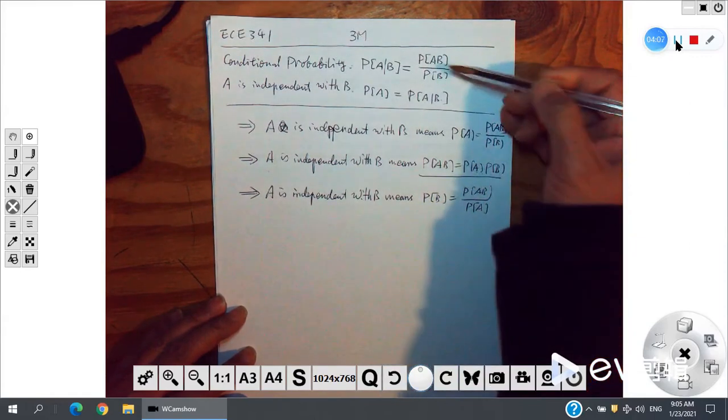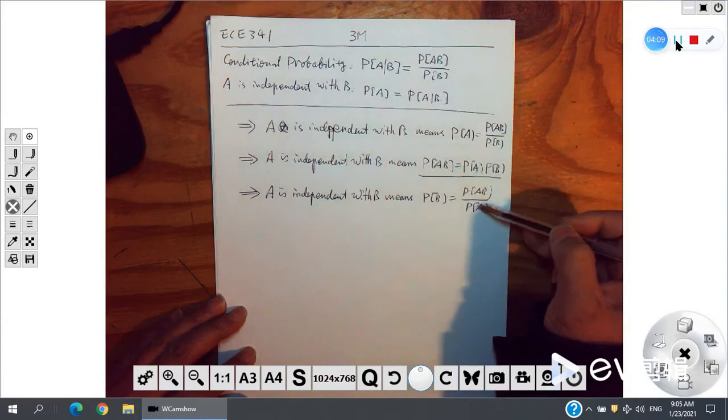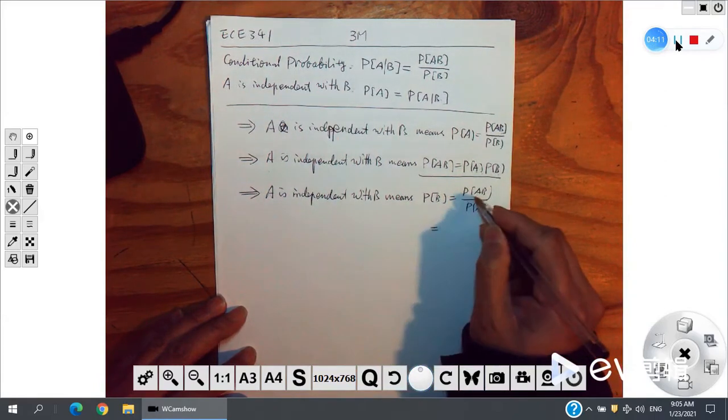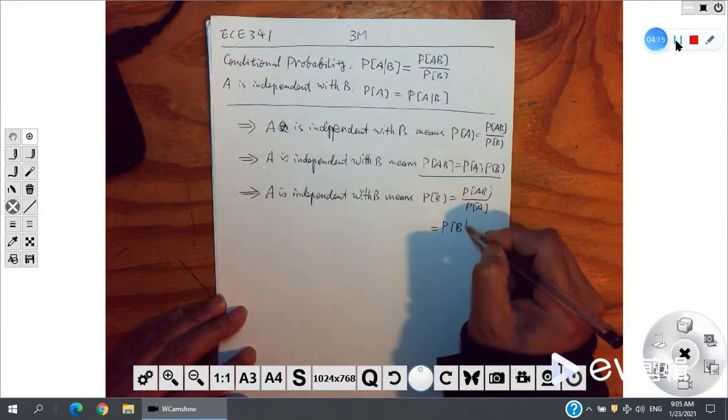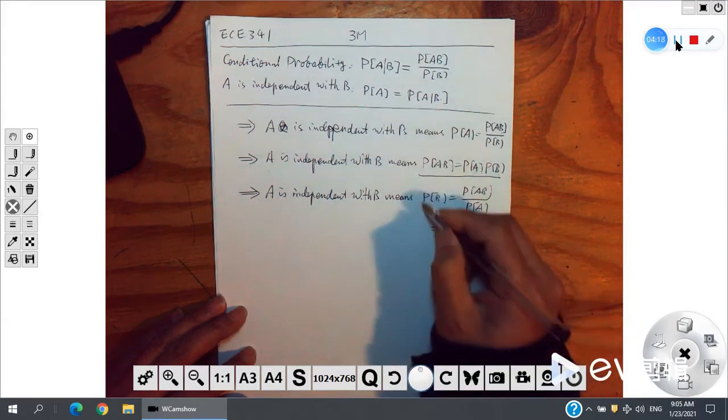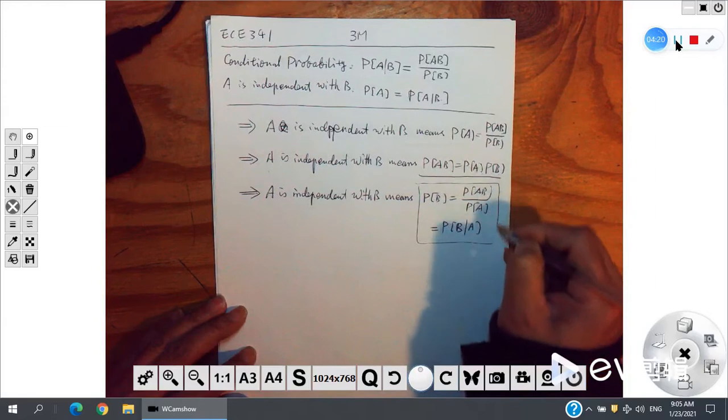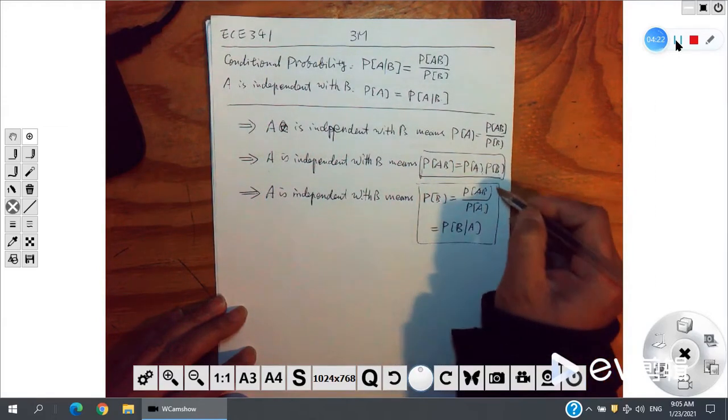I just change the location. And now A is the condition, right? This is P(B) under condition A.